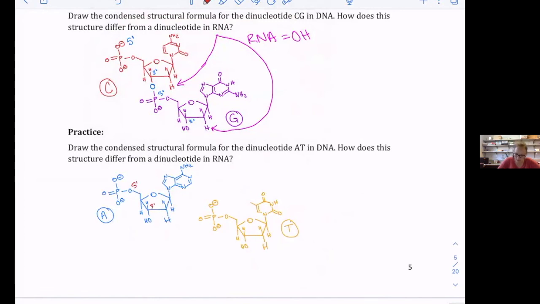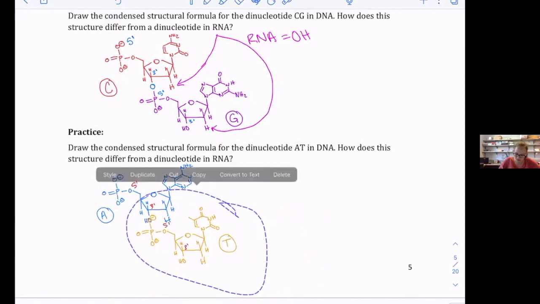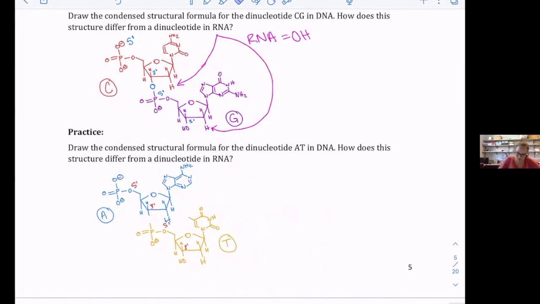Our 3' position is going to interact with the 5' position of the next sugar or the next nucleotide. And then we'll have a free 3' position. So again, I'm going to move this so that the oxygens are overlapping. And then I'm going to erase said oxygens and draw a new one in so that we have our phosphodiester linkage. Okay, so this would be our answer.